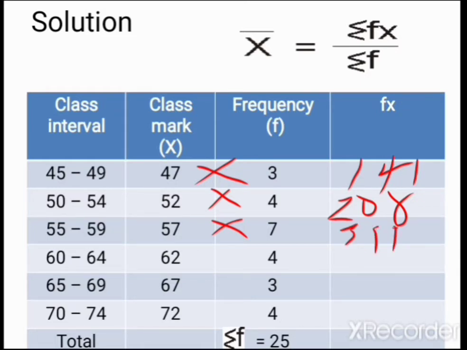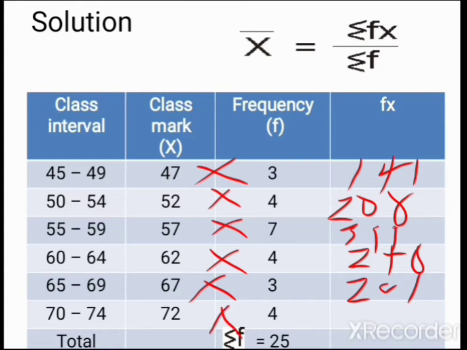Then we have 62 times 4 is equal to 248. Then we have 67 times 3 is equal to 201. Lastly we have 72 times 4 is equal to 288. So that's the value of fx.